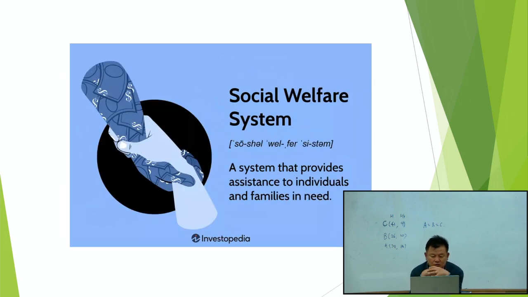Let me show you the social welfare system. It is a system that provides assistance to individuals and families in need. This is the goal of the nation, so all nations focus on social welfare. So how do we build a social welfare system? Did you know that most countries have some social welfare plan, running to 2035 or something?